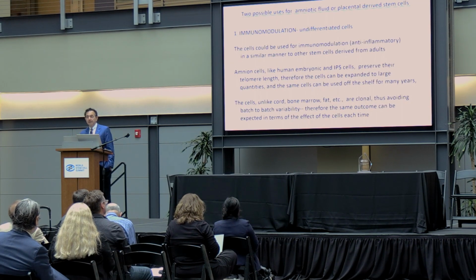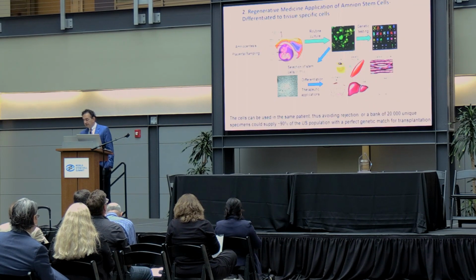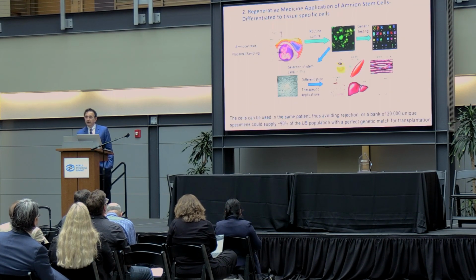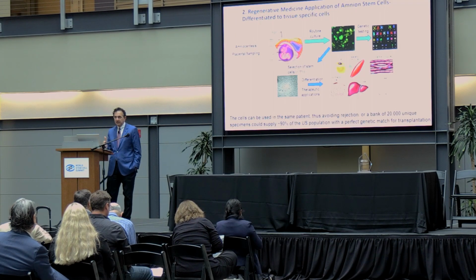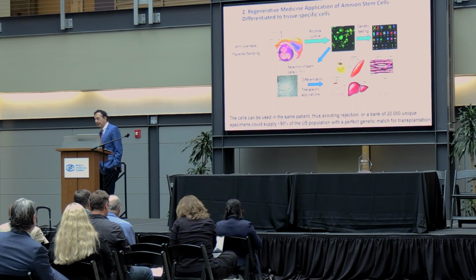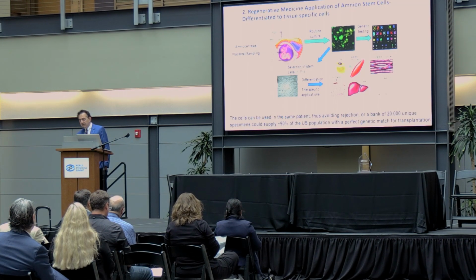This provides you with good expansion. Or, in addition to immunomodulation, like you would use cells such as mesenchymal or fat, bone marrow cells, you could use it as a true regenerative medicine approach where you can actually differentiate this cell into different tissue types.